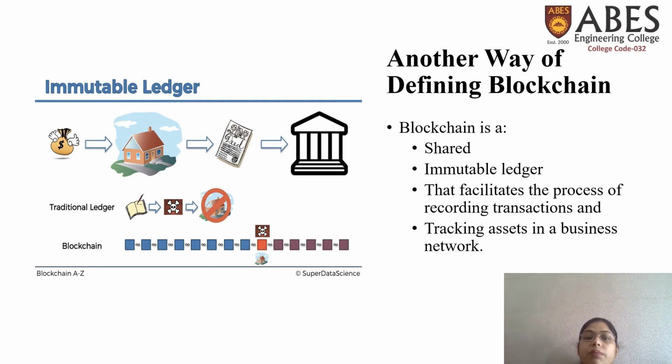Until I verify that block, the block will not get space in this particular chain. We will study in future how this block is created, how we maintain this immutability, not modifying or changing the value of the block, and how these transactions are recorded in the blockchain.